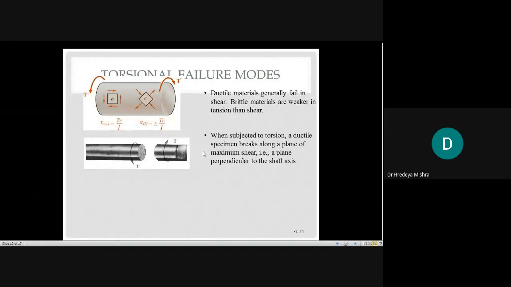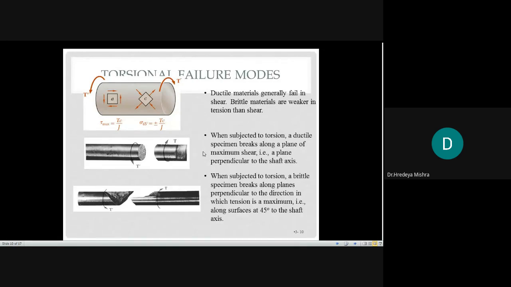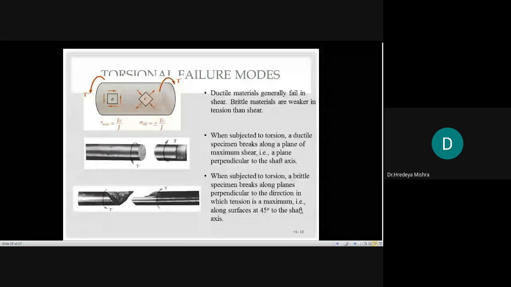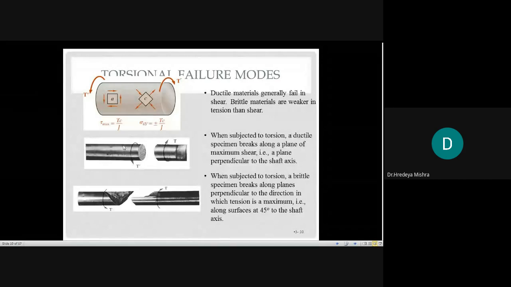The shaft fails at that plane, which is perpendicular to the axis of the shaft. When subjected to torsion, a brittle material specimen breaks along a plane perpendicular to the direction in which tension is maximum, along a surface at 45 degrees to the shaft surface. The first figure shows the torsional failure of a ductile material, and the second picture shows the torsional failure of a brittle material.